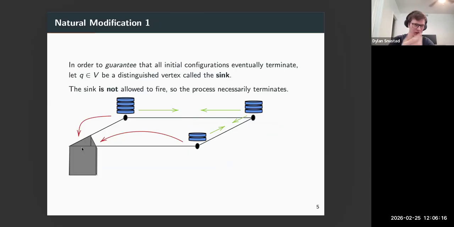We call this a sink vertex. The sink is not allowed to fire, so the process has to terminate, assuming your graph is connected. So if I throw any finite number of chips on my board in any order, even a very, very large number, eventually the game will end. So I can recover this notion of the end game, the final configuration, the stable configuration.